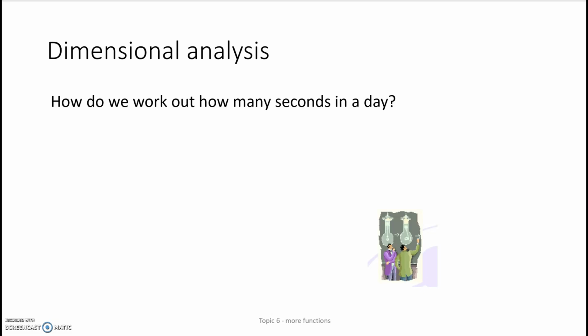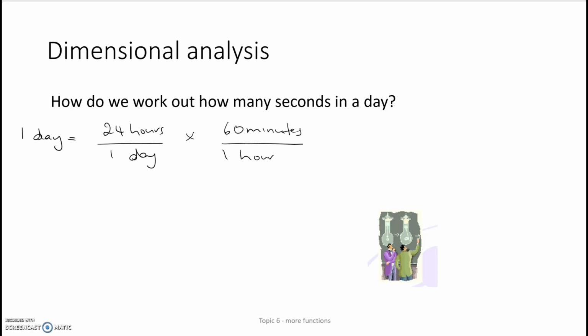So if we need to work out how many seconds in a day, we'd start off 1 day equals 24 hours over 1 day. Now we haven't done anything because all we're doing is multiplying by 1. Then we'd multiply that by 60 minutes over 1 hour. We haven't done anything, that's still multiplying by 1, times 60 seconds over a minute. Haven't done anything, all we've done is multiply by 1.